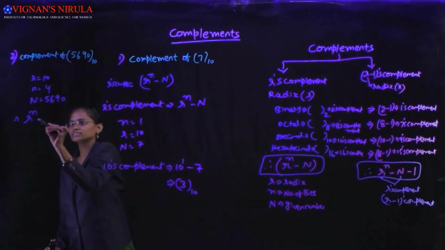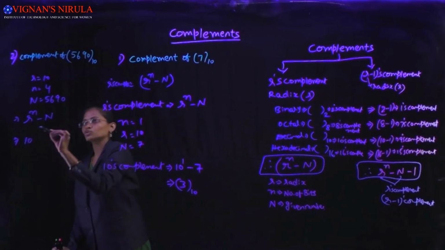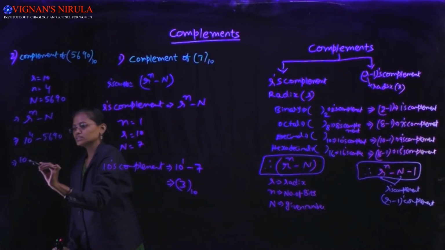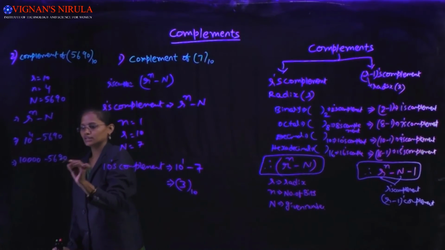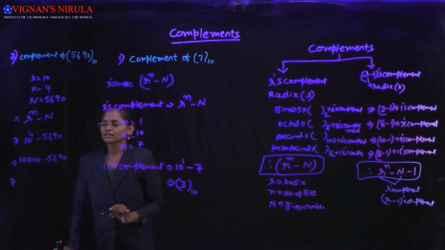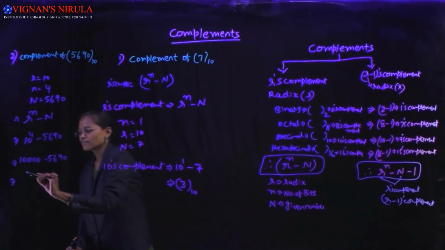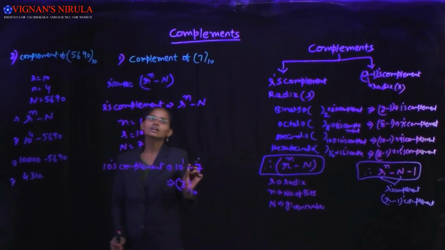R to the power of n minus capital N. Here 10 to the power of 4 minus 5690. 10 power of 4 is 10,000 minus 5690. Finally 10,000 minus 5690 is 4310. Okay, this is the R's complement.